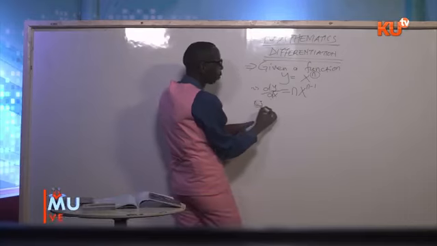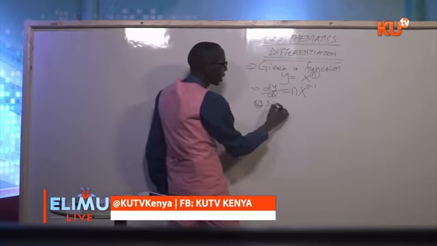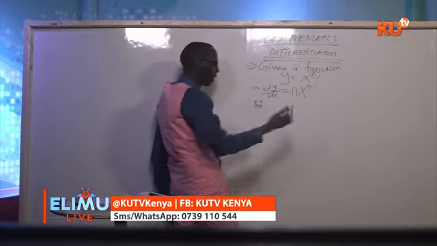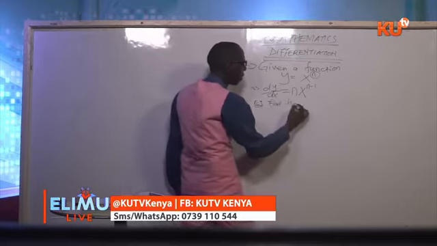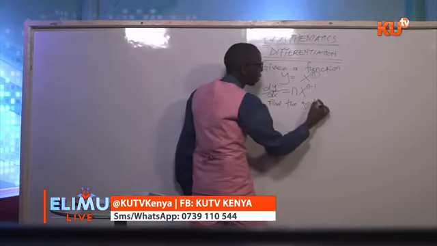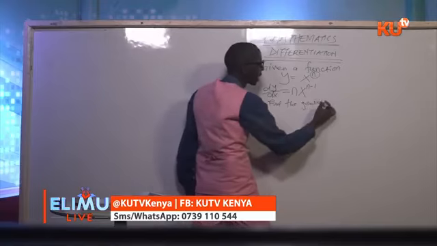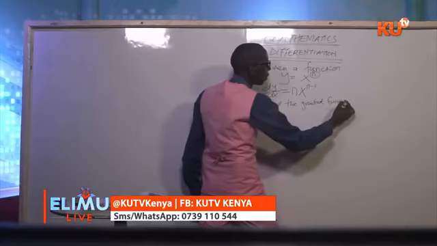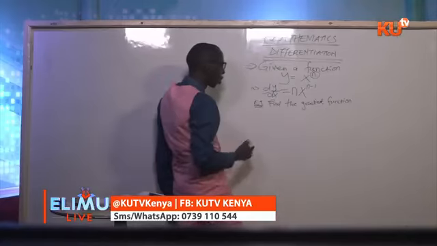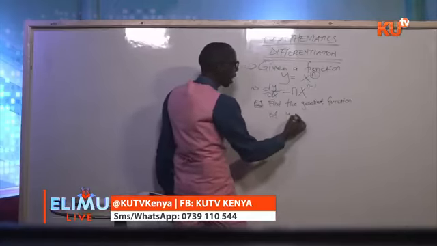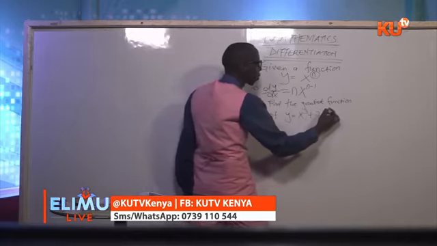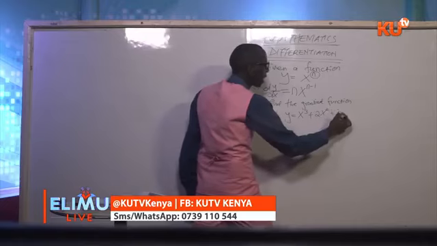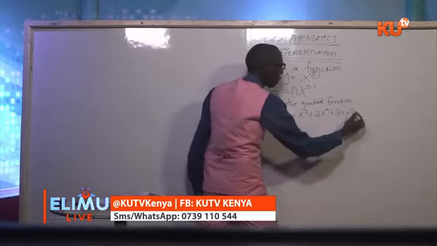For example, find the gradient function of y is equal to x cubed plus 2x squared plus 3x plus 5.